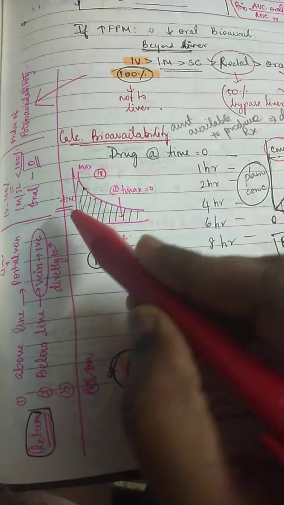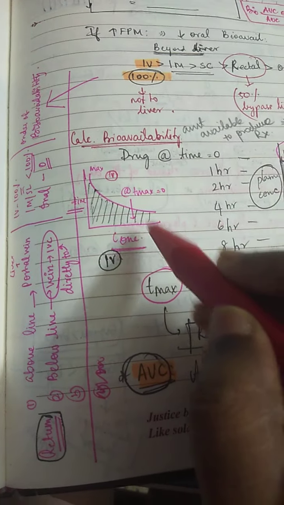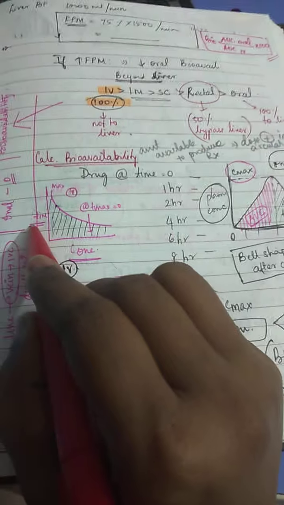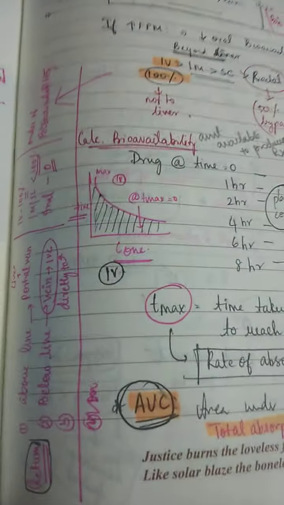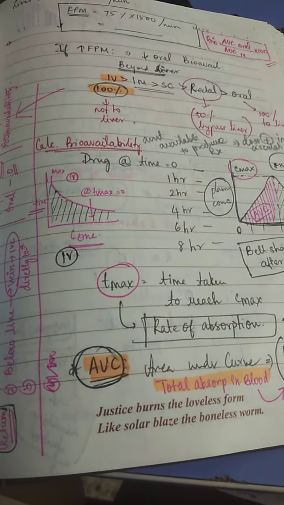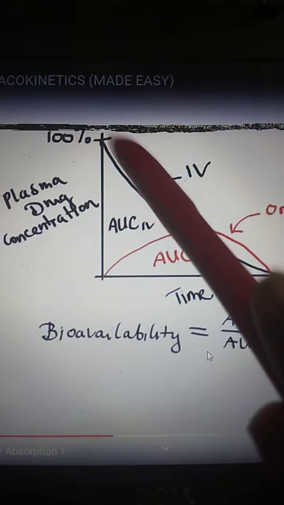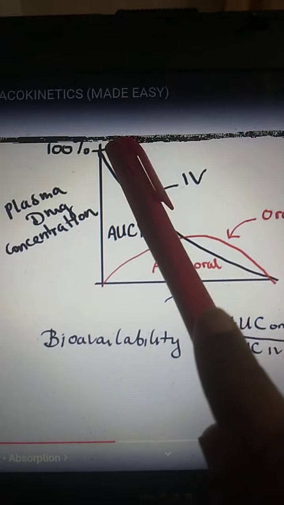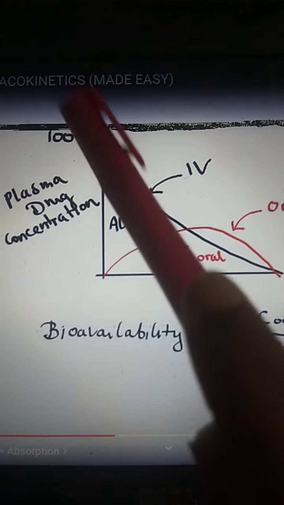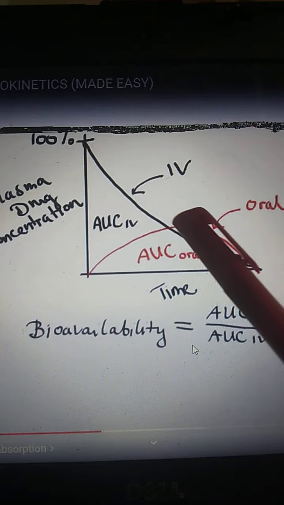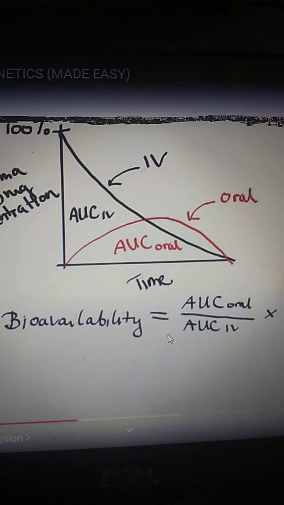What is bioavailability? See, if this is time and this is plasma concentration, when you give IV, the concentration will initially be 100 and it'll gradually decrease to 0.